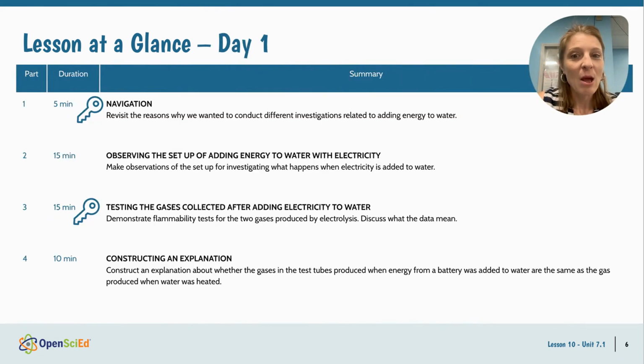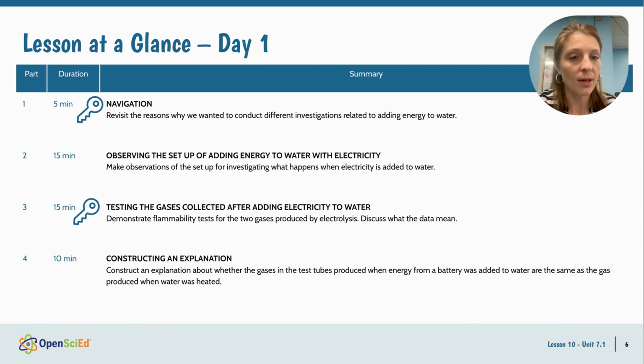We begin the day by reminding ourselves why we would want to add energy from a battery through water. The students then look at a setup to see how we could safely collect gases that would be produced when energy from a battery is added. We then test the gases for their flammability.